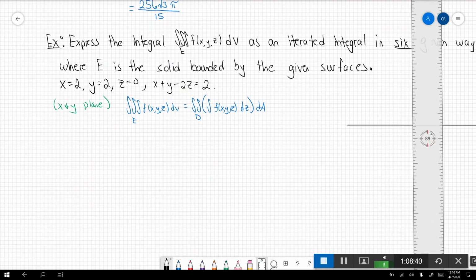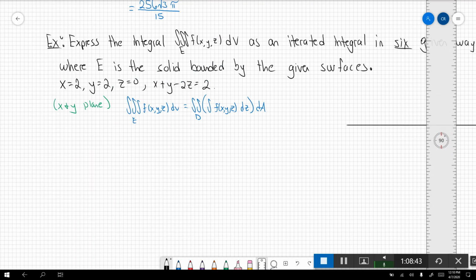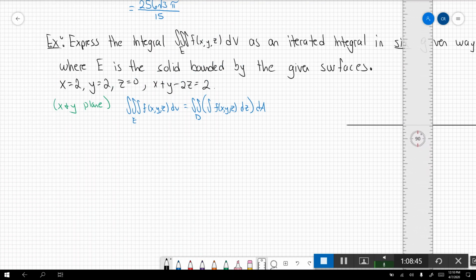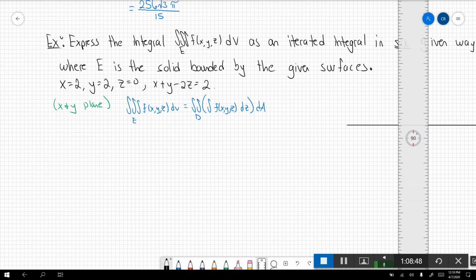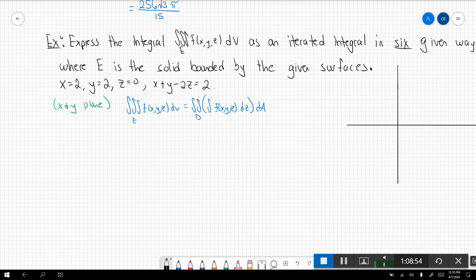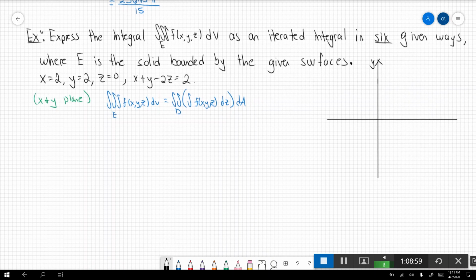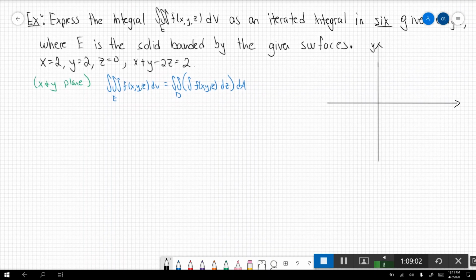Alright, so let's go here. There we are, that looks good. Let's hide that. Alright, so I chose the x and y plane. That means that's my y, and this is going to be my x. Now I'm given a few values. I'm given x is equal to 2, so I'm going to take that. Let's put some tick marks on here.